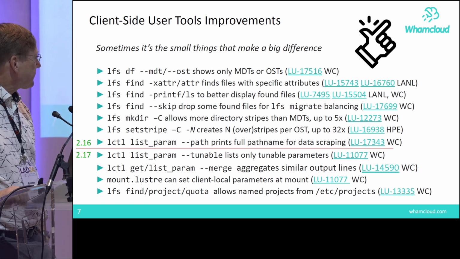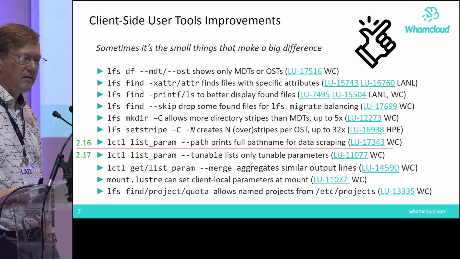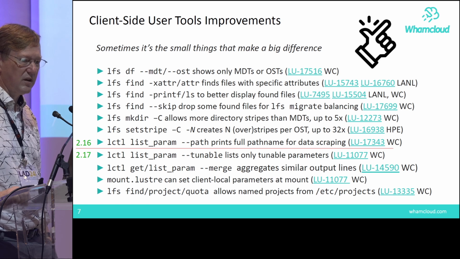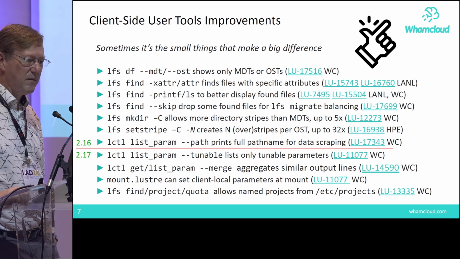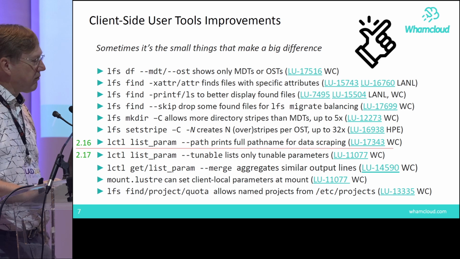And having named projects is something that XFS utils has, and the Lustre project tools are also using the same interface as XFS, but we don't support the named projects, and so this is just adding an ease of use option.